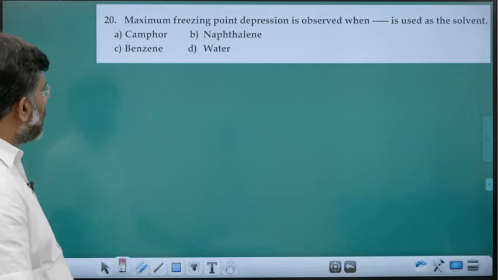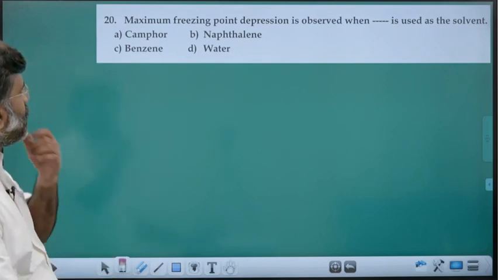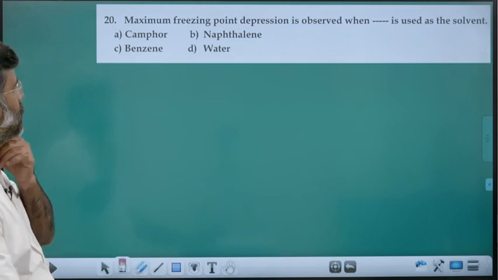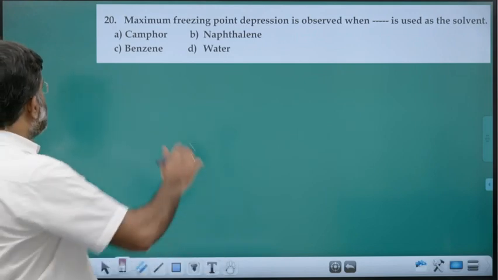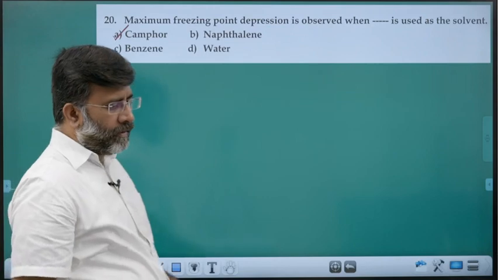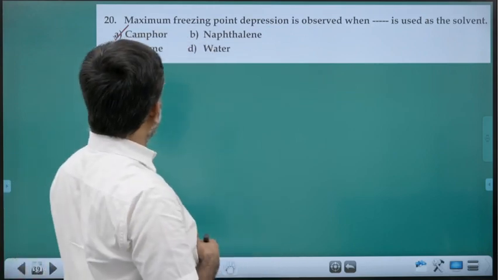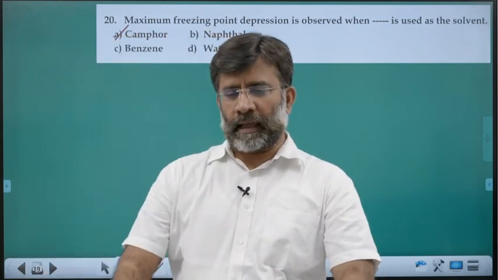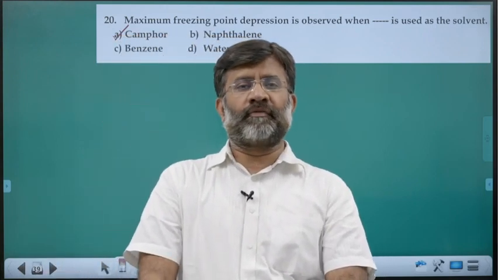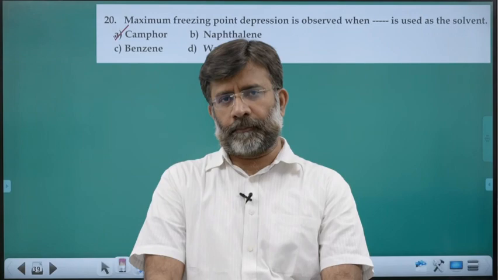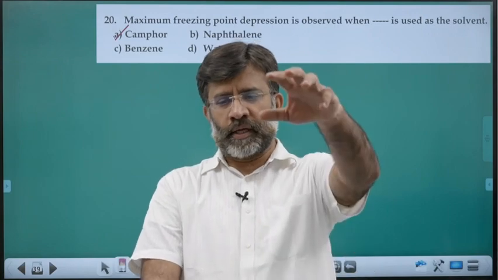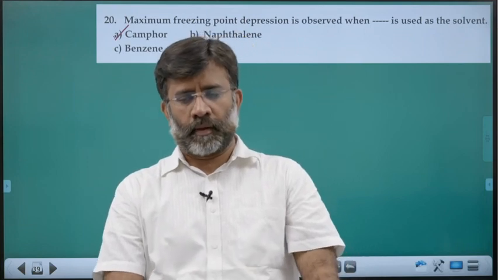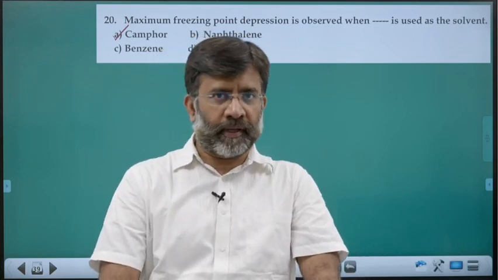Next. Maximum freezing point depression is observed when dash is used as the solvent. It is camphor. Camphor having very high value of Kb, Kf. So many solvents, the Kb, Kf values are given in the NCERT, but I remember there is no camphor given there.